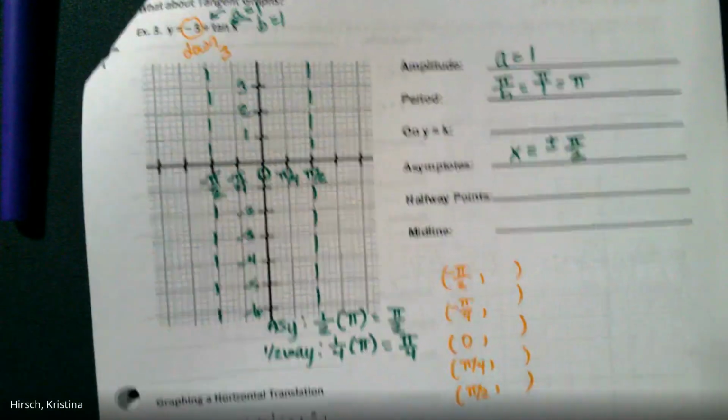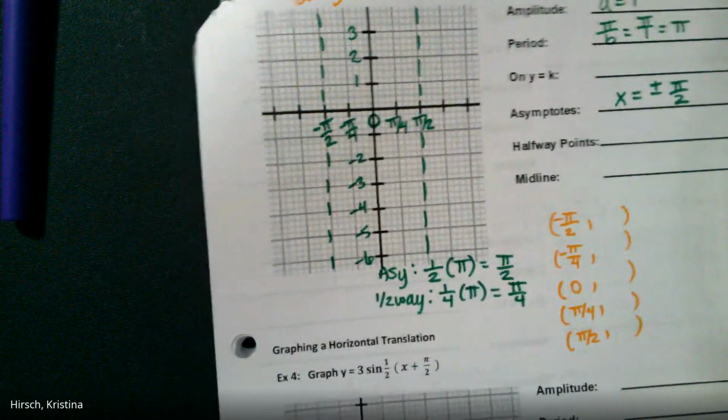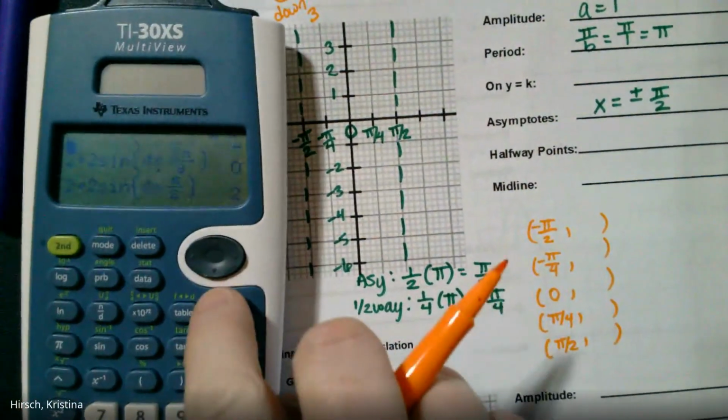A couple of these I already know I'm going to get an error message because I have an asymptote, but I still want to show it to you so that you can see what I see and what happens in your calculator.